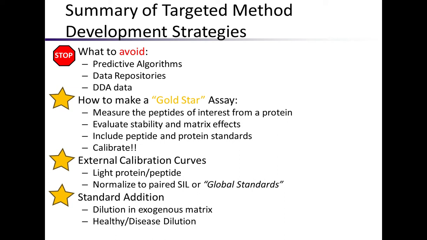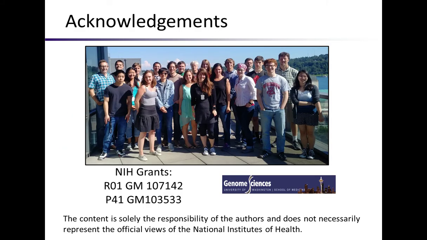To make a gold star assay, measure your peptides of interest, evaluate the stability and matrix effect, include peptide and protein standards, and you have to calibrate. You can calibrate in lots of different ways, using external calibration curves, standard addition curves, or healthy disease dilutions, but you have to calibrate to be quantitative.